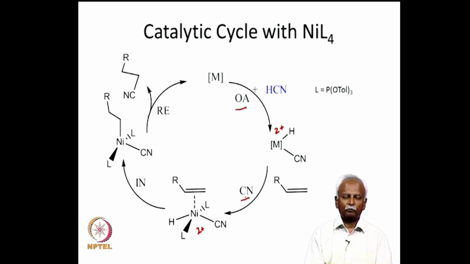Now, you have migration of hydrogen, and this migration of a hydrogen could have taken place in two different fashions. If it added on to the CH2 group, it would have ended up with a hindered alkyl group.